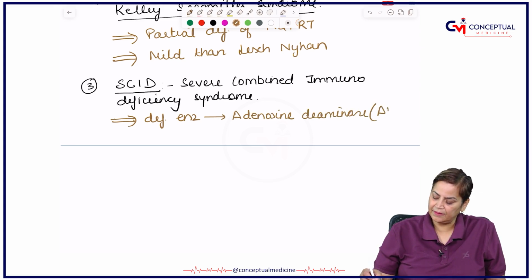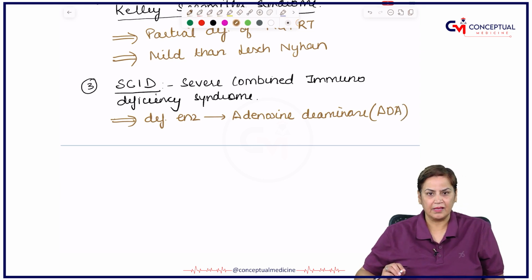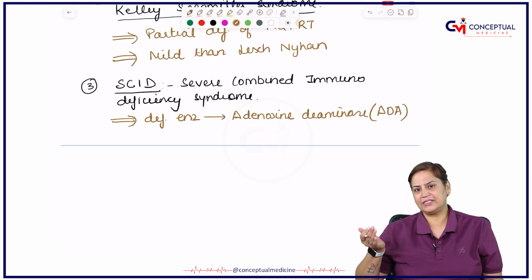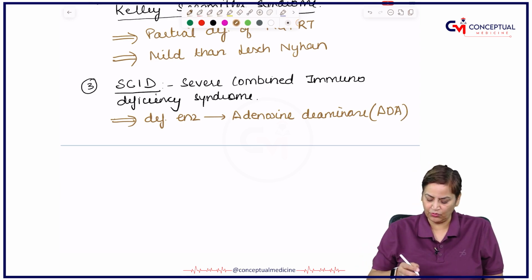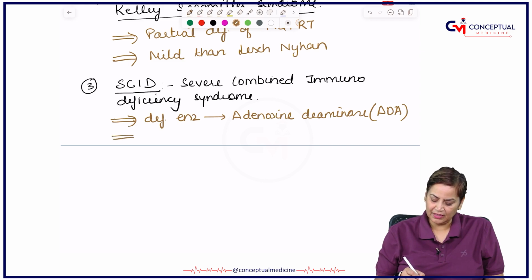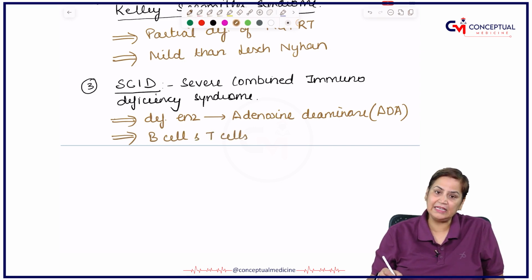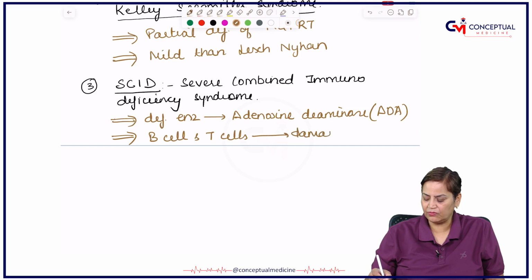What is this enzyme doing? It is simply converting adenosine monophosphate to inosine monophosphate. So what will be the clinical features here? B cells and T cells will be damaged or they won't function.